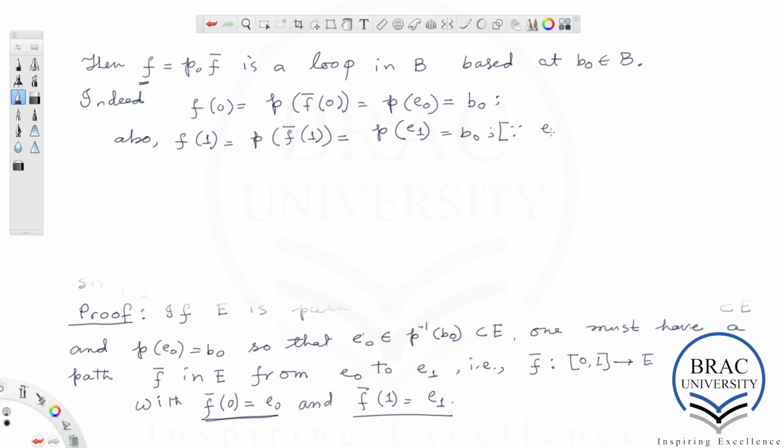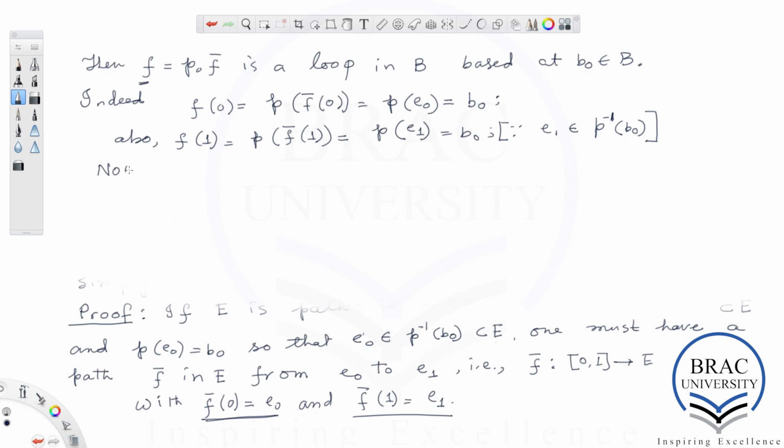Since E1 is in the set which is the inverse image of B0 under P. So the initial and final point of F lie at B0, which is a point of the base topological space B. Okay.